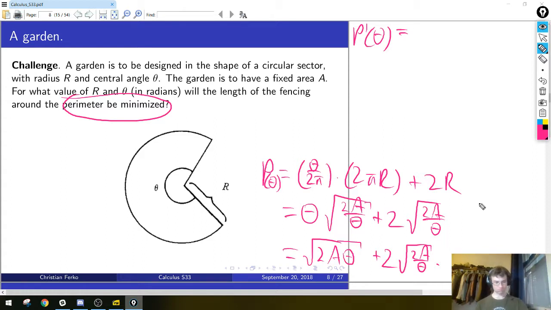So, first, by addition, we can take the derivative of the left element and see that by the chain rule this is going to be equal to 0.5 times 2a theta to the power of negative 0.5, and that is all times 2a. Good.